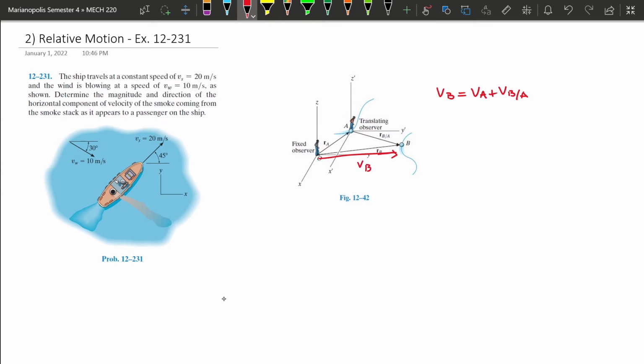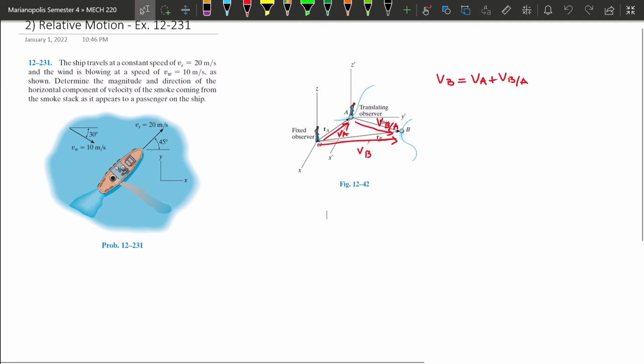This is the same as VA over here plus VB with respect to A. So if we're given VB and VA, we could get VB with respect to A, which is the relative velocity of B with respect to A. I hope that helps you understand a bit more. It takes a while to wrap your head around, for sure.